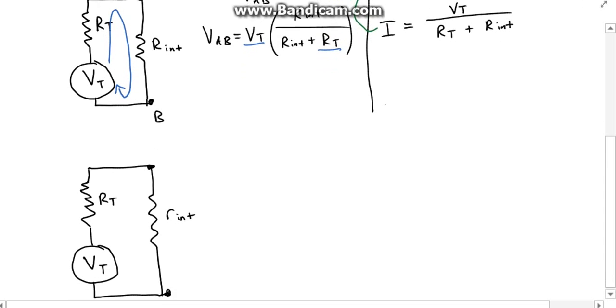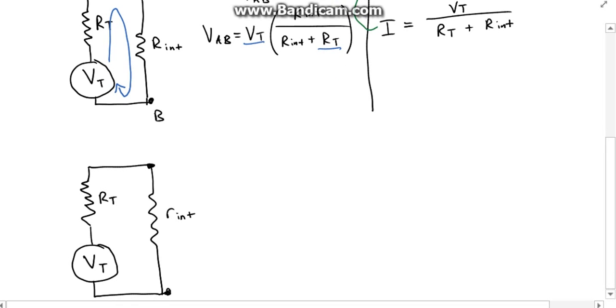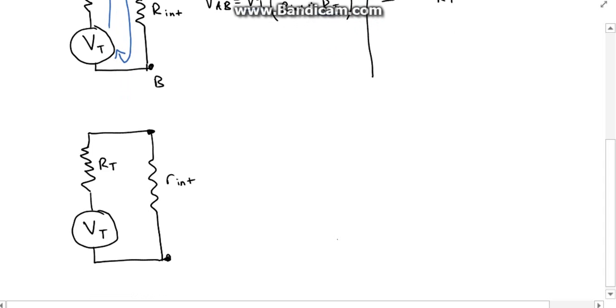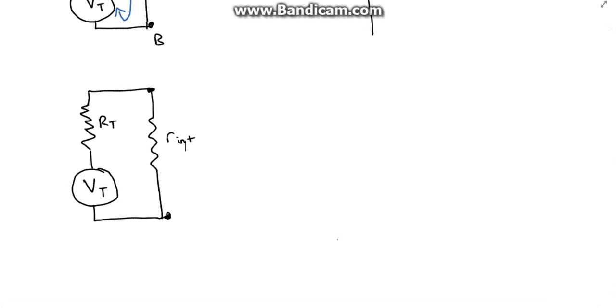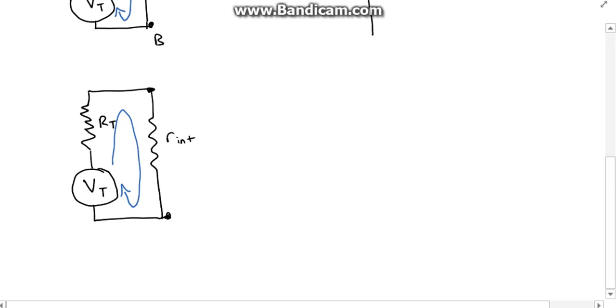And the idea here is that the internal resistance of the voltmeter is much larger than the internal resistance of the ammeter, hence the notation of using a large R for the internal resistance of a voltmeter and a lowercase r for the internal resistance of the ammeter. So once again, we're going to use the same kind of trick. There's a current that flows around this circuit, and around one full loop there is no voltage change.